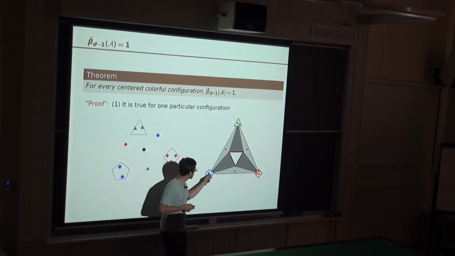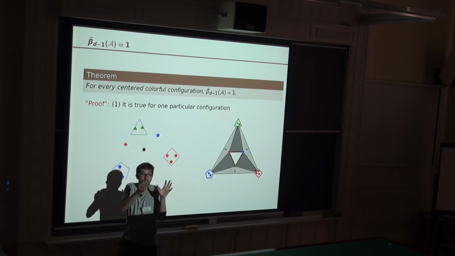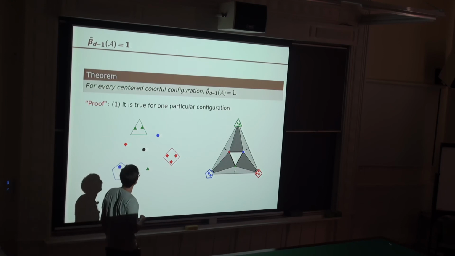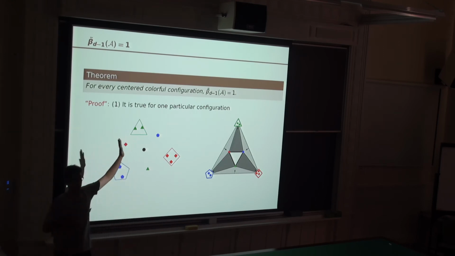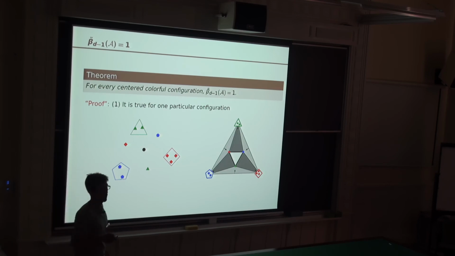And you can do the same now. You just push from this vertex onto this edge, and at the end you can retract everything to the boundary of our heating simplex that we had at the origin. So for this configuration, I hope you are at least convinced that it works, that the Betti number is 1.